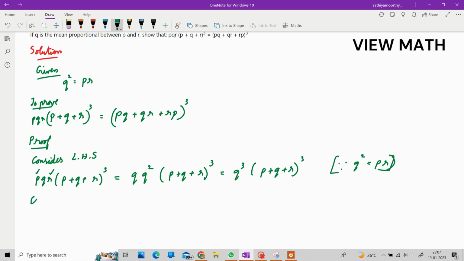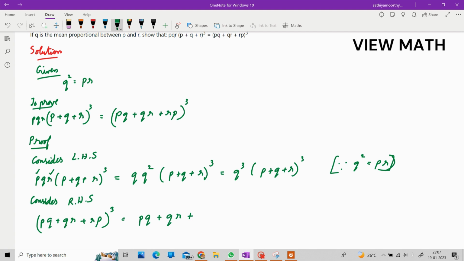Next I am going to consider the right hand side. Right hand side is (PQ plus QR plus RP) the whole cube. So this is equal to PQ as it is, plus QR as it is, plus RP.